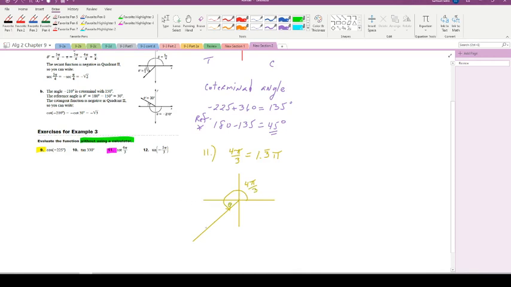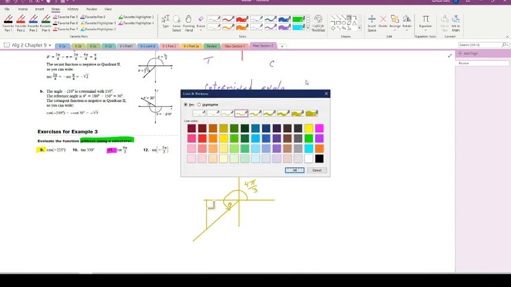So I'm going to draw my right triangle here, and I'm just going to extend the line straight from there and make it a right triangle.